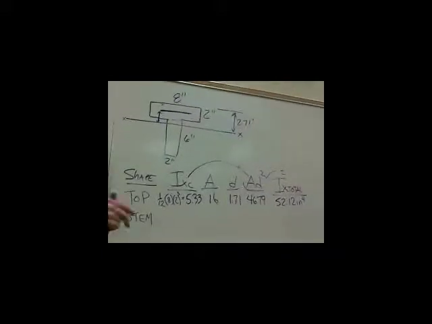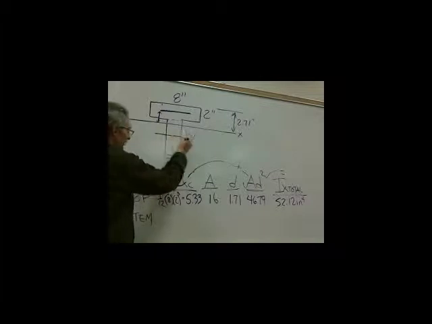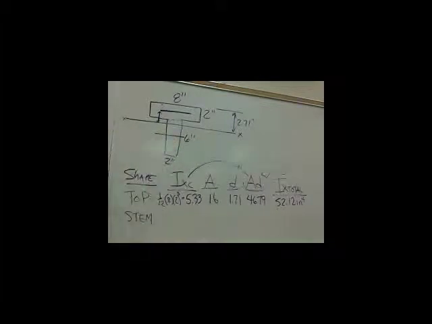All right. Now we move on to this other rectangle. I'm calling it the stem rectangle. Its centroidal axis, x-axis, lies right in the middle. So I use the same formula. 1/12. What's my base to this rectangle?